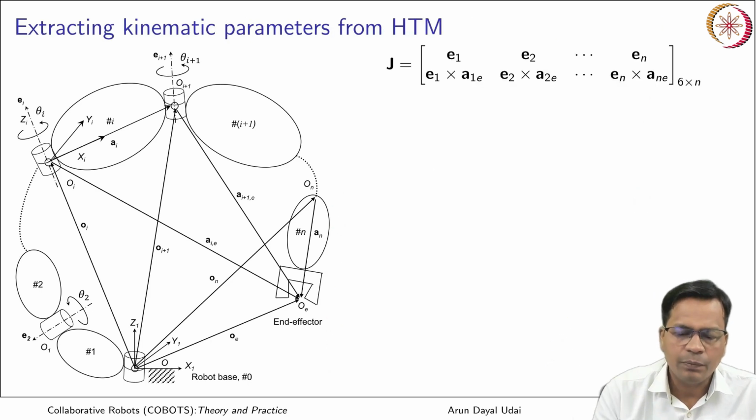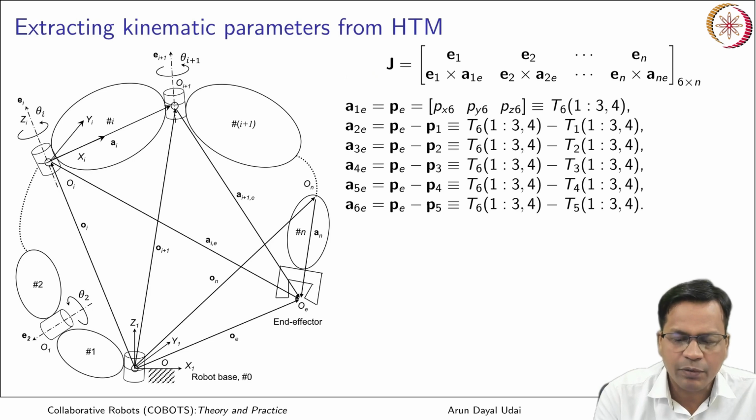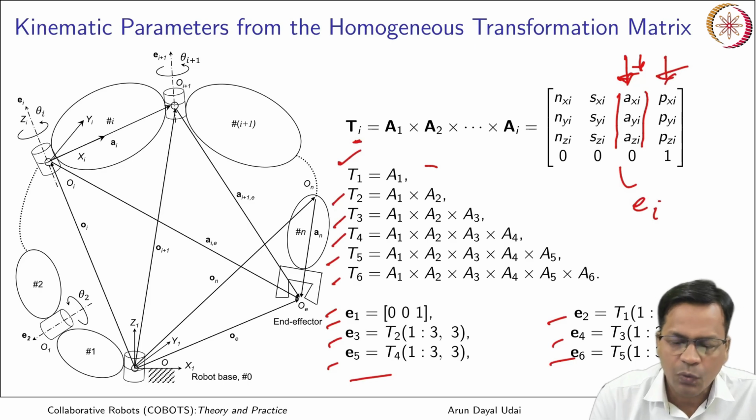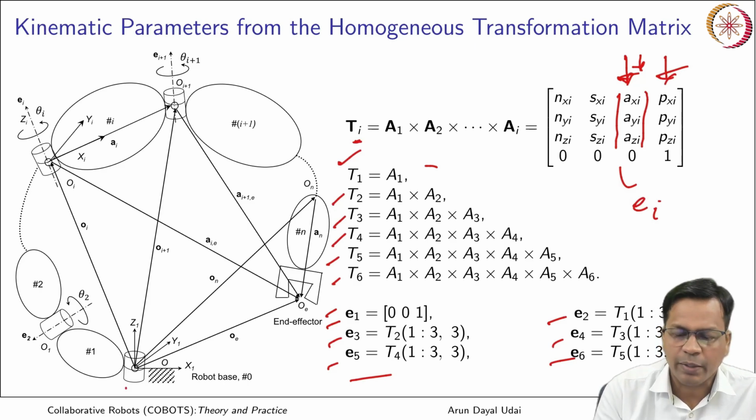Okay. Now this is the final term. You have to find out AiEs also. So that can be obtained from the position vector. That also is available here. You see, this is the position vector of any ith frame with respect to O, that is the fixed frame.